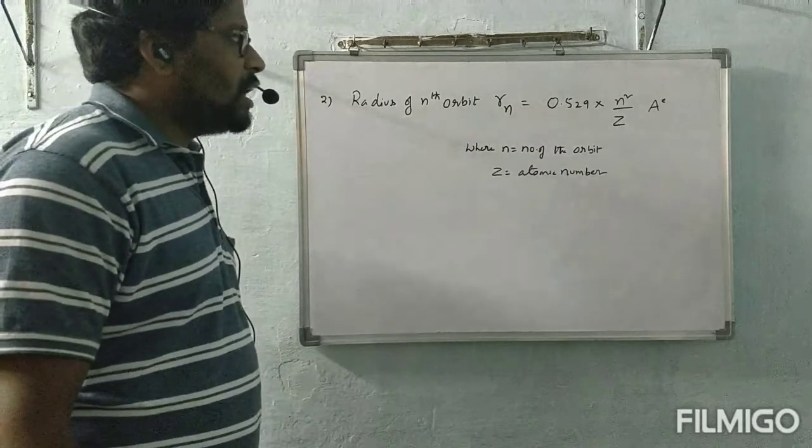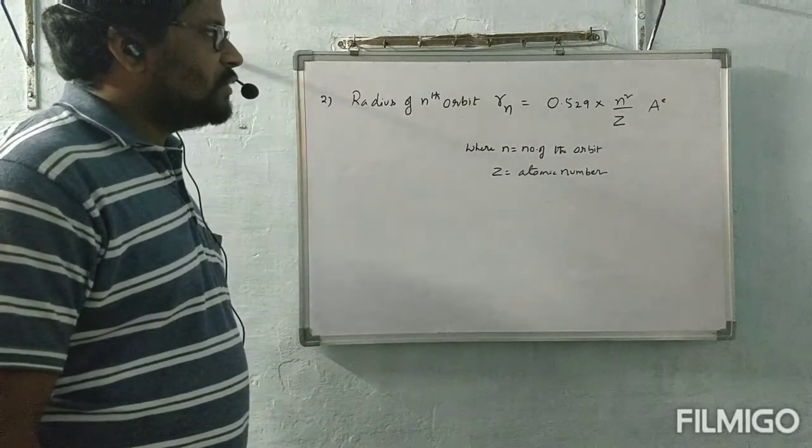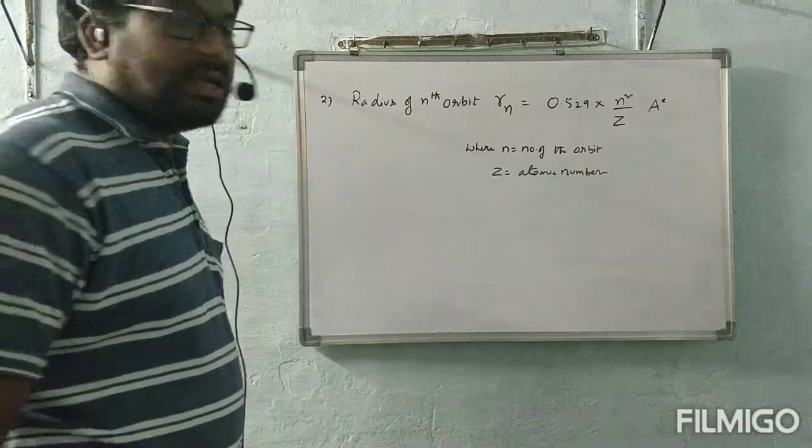Radius of nth orbit Rn is equal to 0.529 into n square by z angstroms.